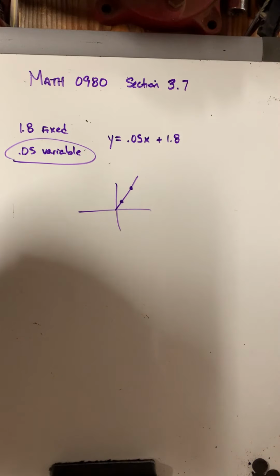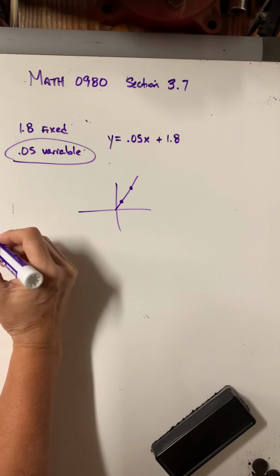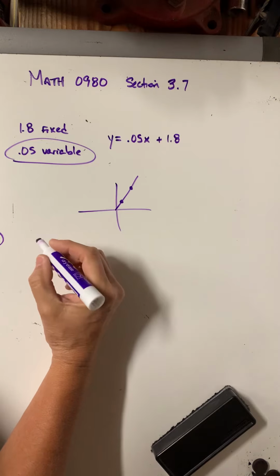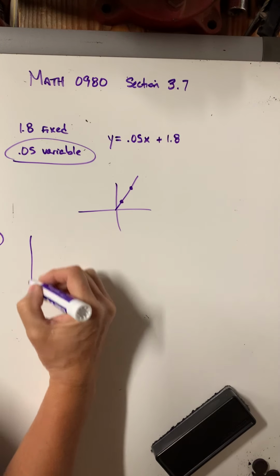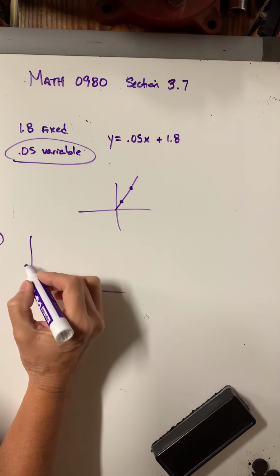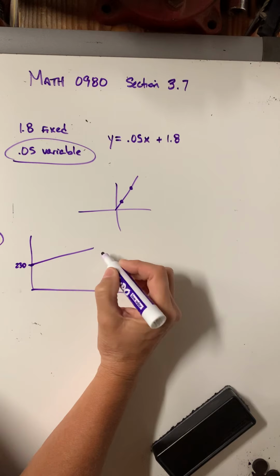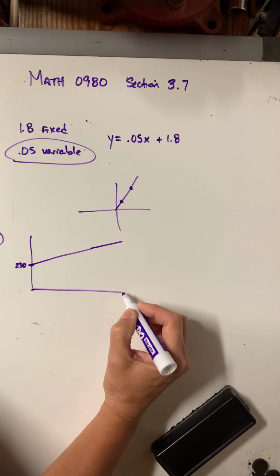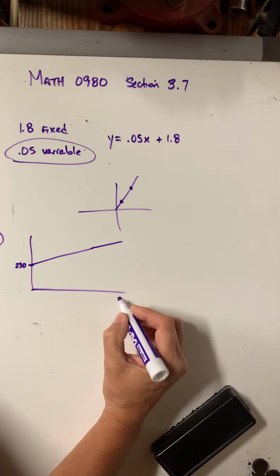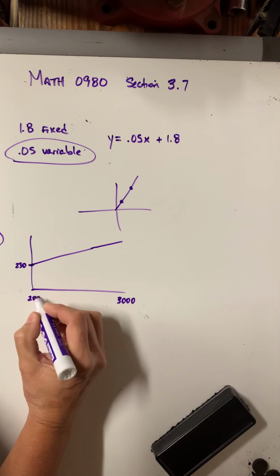And then the last question, number 14, I just want to give you a little hint on that one because they give you the graph, but you can't really use the information to plot it the way you're used to. So mine starts at 230 there and it goes up. And the end of my picture is 3,000 and here it's 2,000.